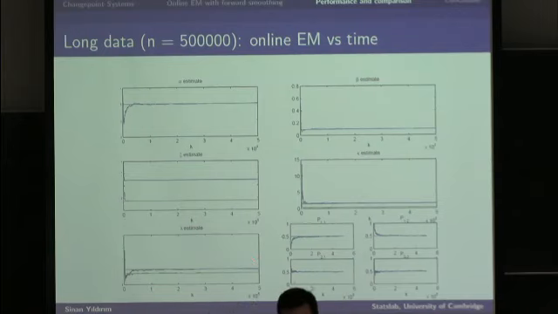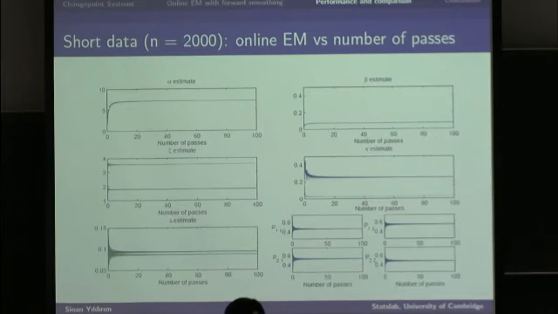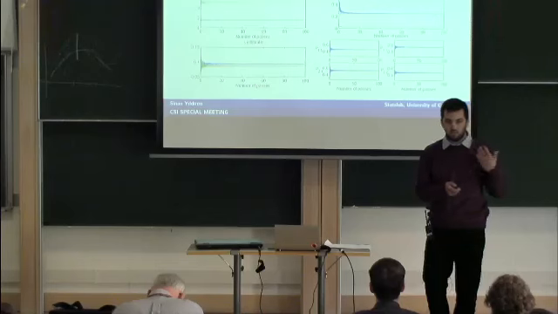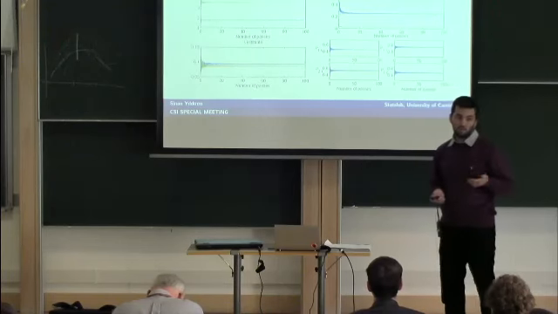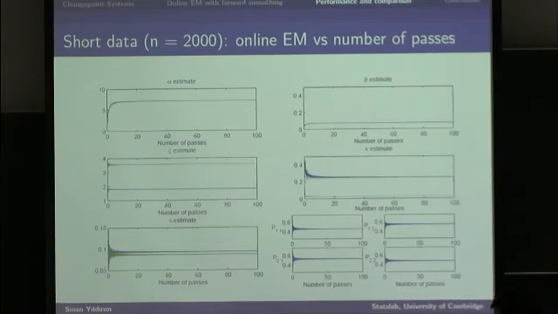Admittedly, this is a very long data sequence, but online EM can be applied to short data sequences as well. The way to do it is to replicate the data many times and treat it as if it is the original data and apply online EM. So here you see the results, the estimates versus number of passes over the data.